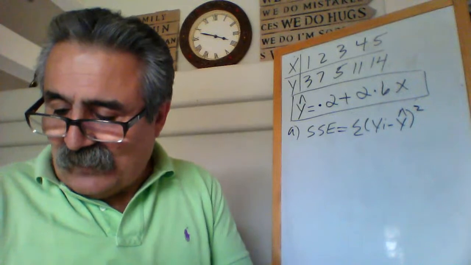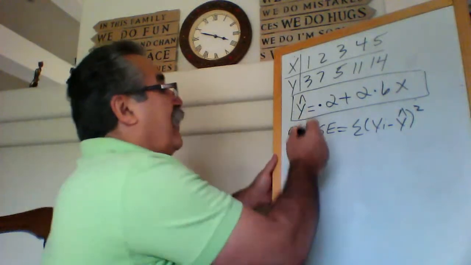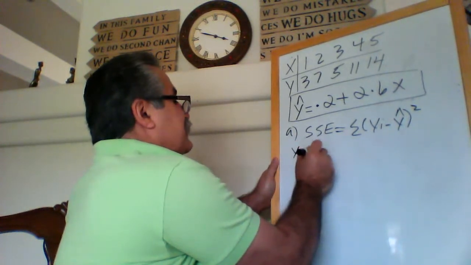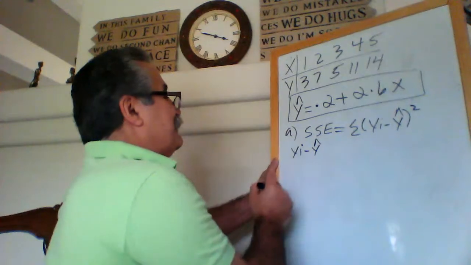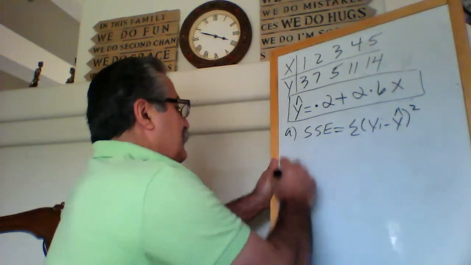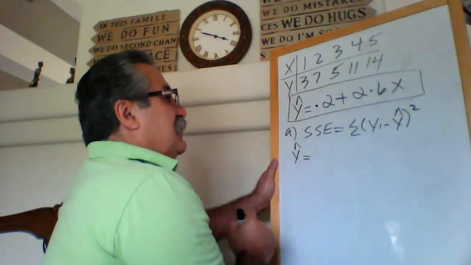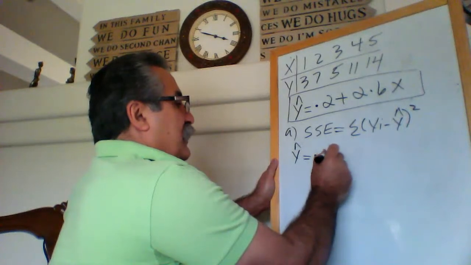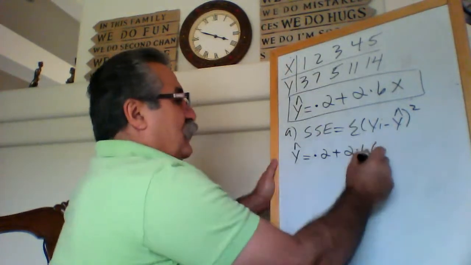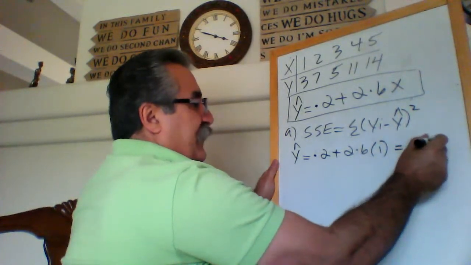So y hat is equal to 0.2 plus 2.6 times x, where x is equal to 1. Okay, y hat would be 2.8.